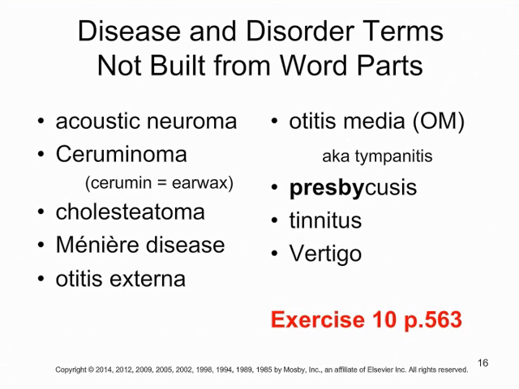The next term, a cholesteatoma, is another tumor, or a cyst-like mass in this case, and it's usually composed mostly of cholesterol, which is why it gets its name. And this usually sits in the middle ear and is usually associated with chronic otitis media, which is another word on this list.